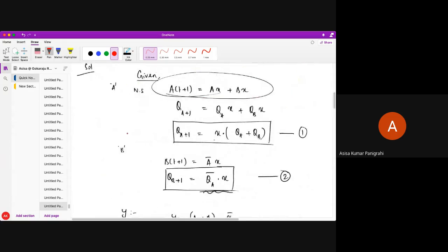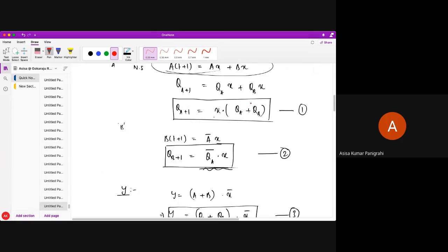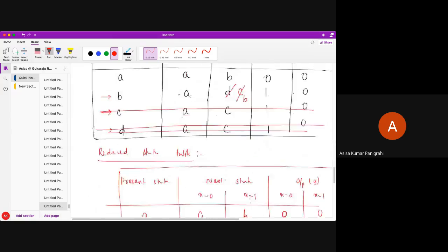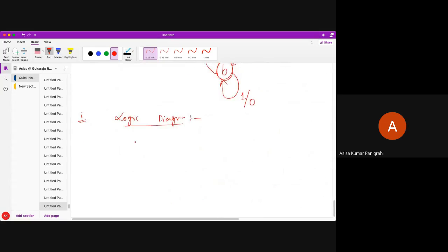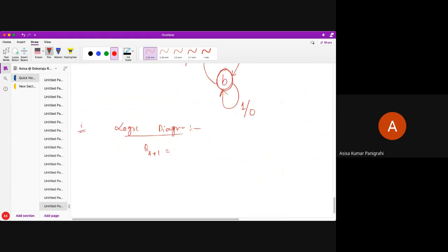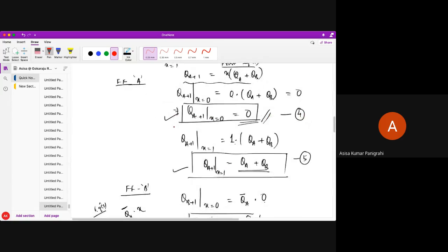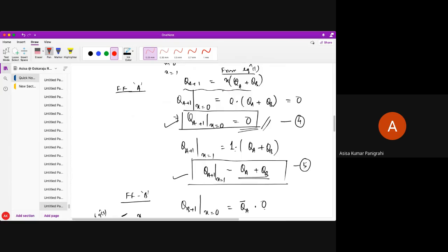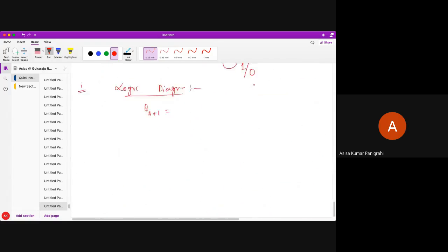You can see here we have QA or QB and X, which is nothing else but my QA plus 1. You will do this yourself, students. Very simple. My QA plus 1 in the equation is X and QA or QB.